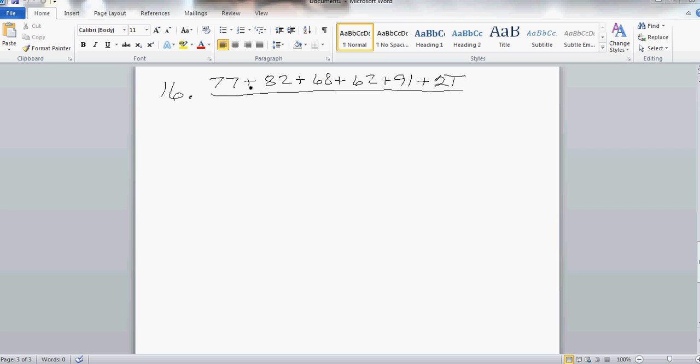Well, if I count this, 1, 2, 3, 4, 5, 6, 7. There's a total of 7 test scores, and I want it to equal 80. So then it's just simply solving for t here. What does she need to get on this final test score? So multiply both sides by 7.